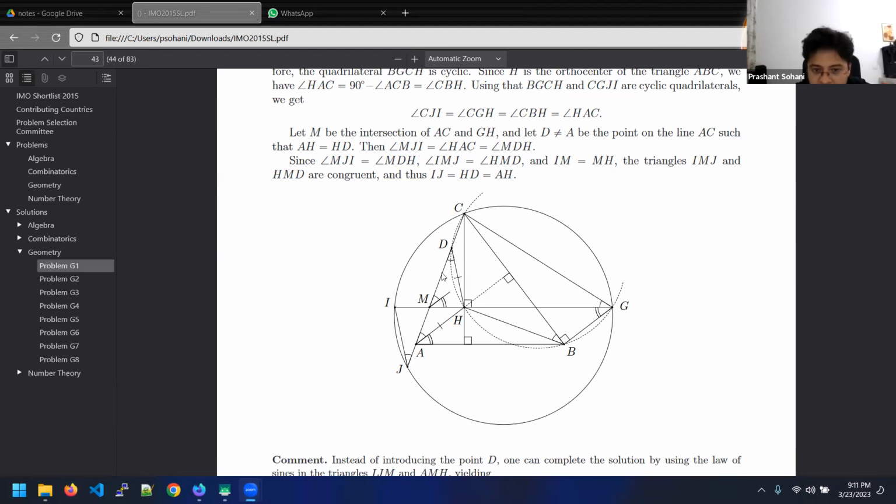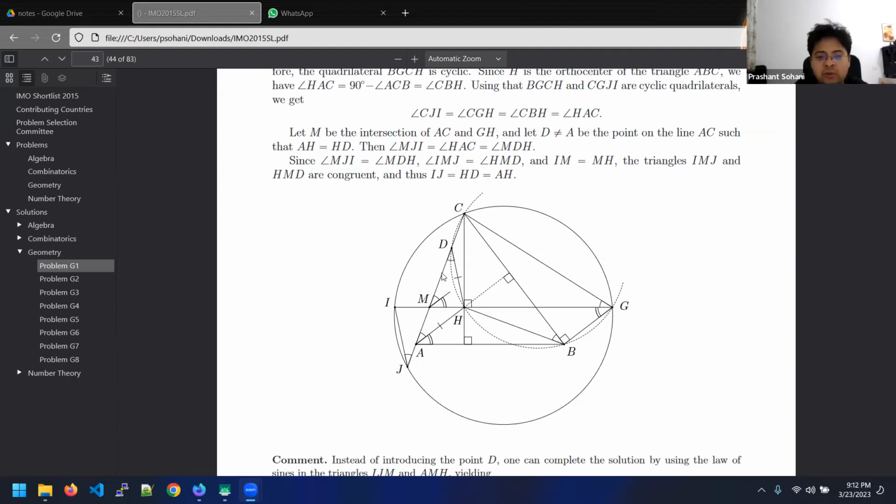In general, I think the solution, which I didn't follow fully, but if I try to boil down the theme of how you approach a problem like this: you want to show that IJ is equal to AH and they don't have any vertex in common. So somehow you have to force one vertex in common between two segments of those two lengths.